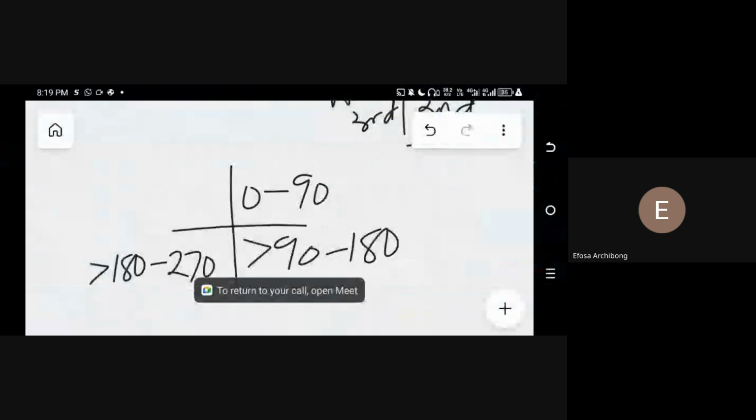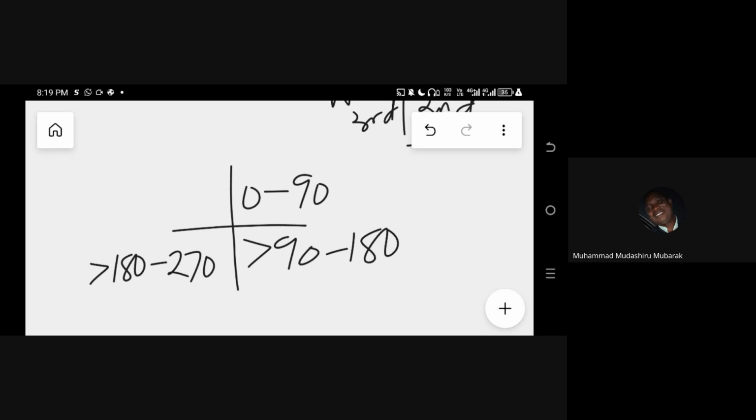Can everyone see the board? Yes, sir. So who will tell us the angles that can be found in the fourth quadrant? Anything above 270.